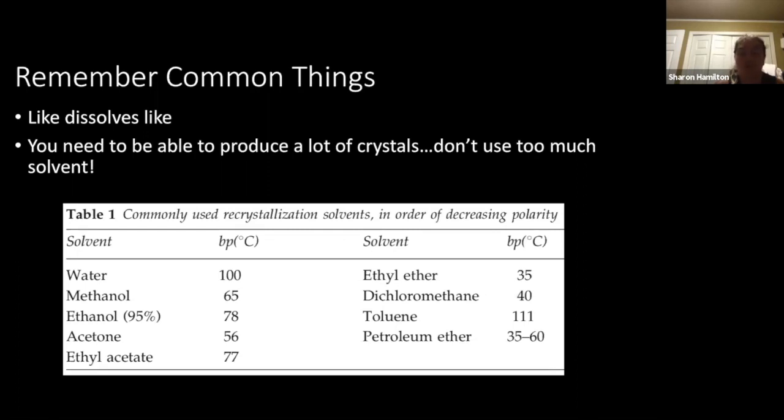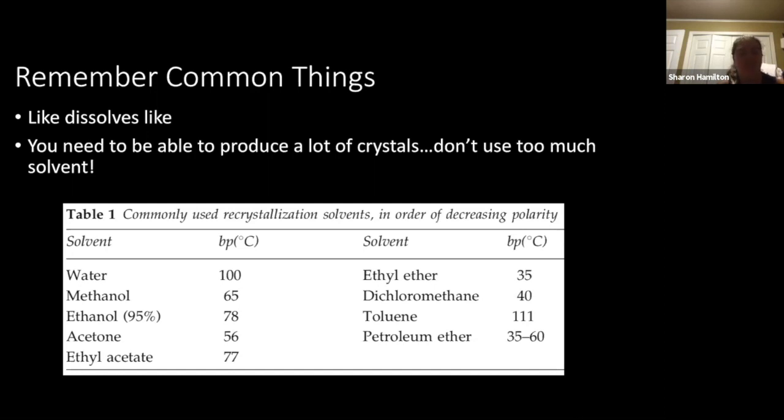Traditionally, when you are deciding on a recrystallization solvent, you're testing several solvents and comparing them to one another. You're not just trying one and then moving on and trying another one. You usually test several at once, which is what we'll do this week. The other thing to remember, you need to be able to produce a lot of crystals, so you don't want to use too much solvent.